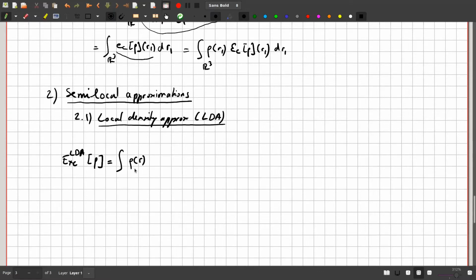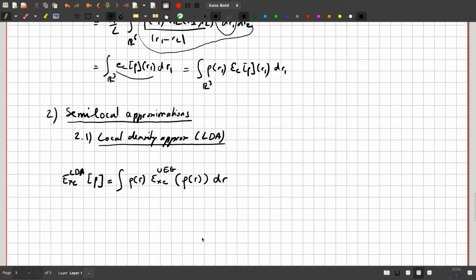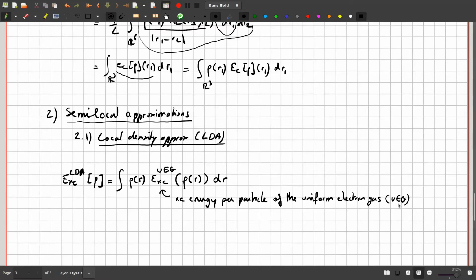I will simply put R instead of R1, rho of R, and then I have the exchange correlation energy per particle of the uniform electron gas, which is not a functional of the density, but simply a function of the density at R. So a function of rho of R integrated over R. Okay, so this is the exchange correlation energy per particle of the uniform electron gas, UEG, of density rho.